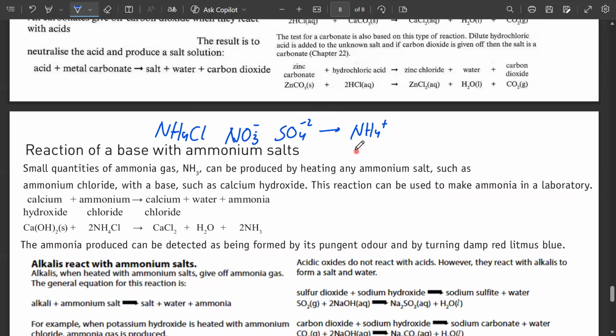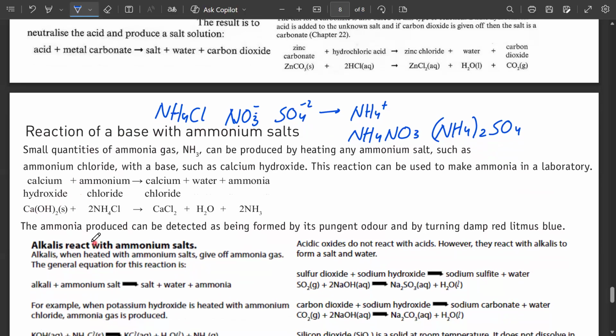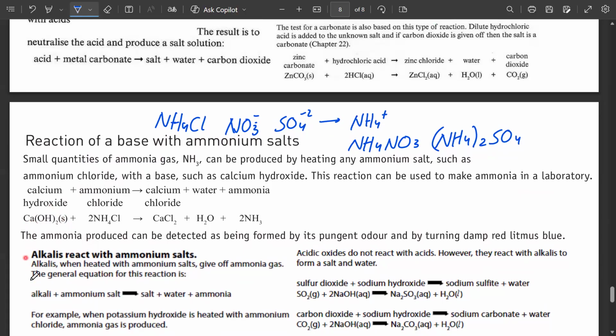I can take examples like ammonium nitrate, which is NH4NO3, and similarly sulfate, which is (NH4)2SO4. So these are examples of the ammonium salt. When they react with a base, it can be calcium hydroxide like this one, or any other base like sodium hydroxide.